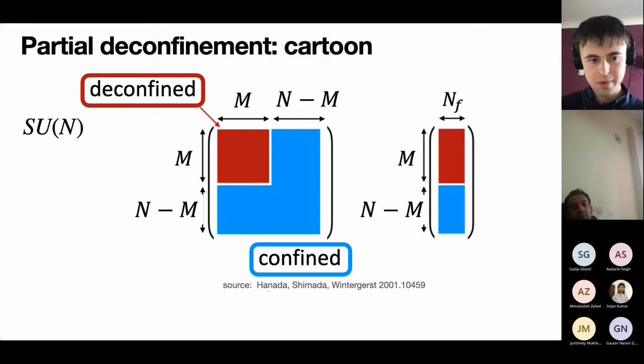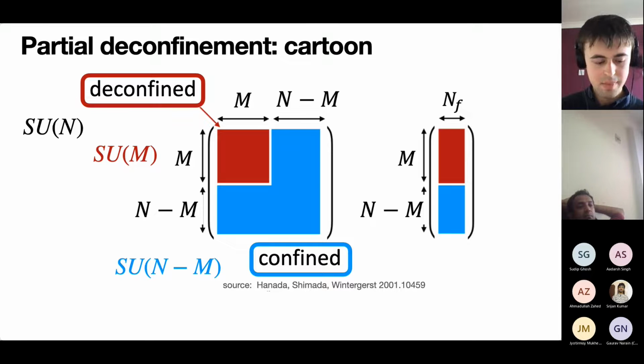So I'll begin with a cartoon of what partial confinement is. We essentially mean that a subgroup of the gauge group deconfines, and that means that adjoint matter like gluons will look like this matrix, where M is the number of deconfined colors and N is the total number of colors.